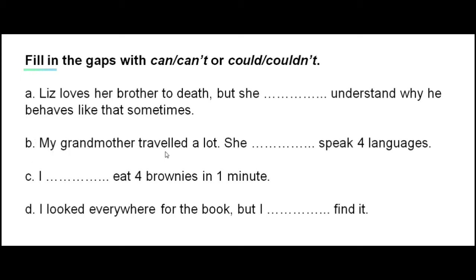B. My grandmother traveled a lot. She speak 4 languages. C. I eat 4 brownies in 1 minute. D. I looked everywhere for the book, but I find it.